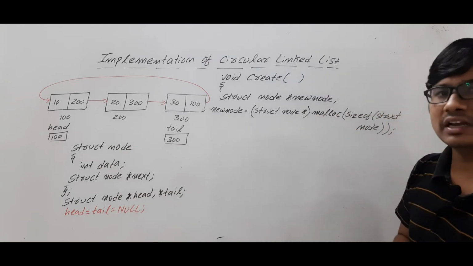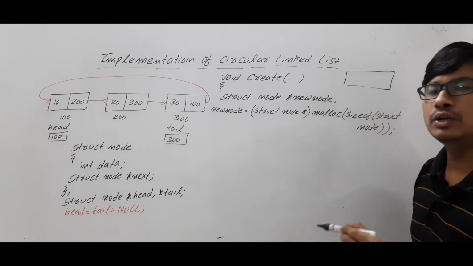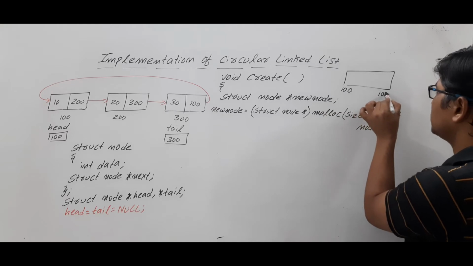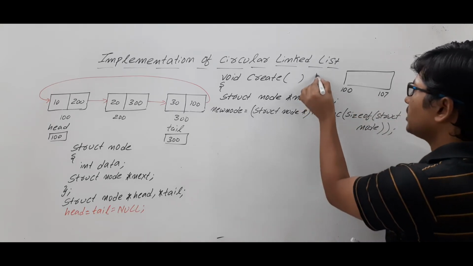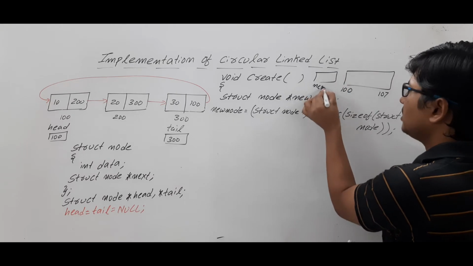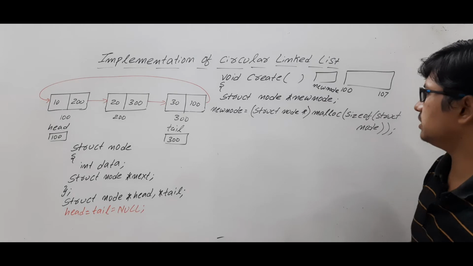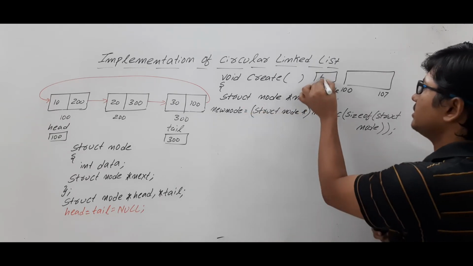Now once you allocate the memory, is it clear? Suppose, just for an example, you have allocated 8 bytes of memory starting from 100 location to 107 byte. Now this new node pointer will get the base address. If the memory has been successfully allocated, this malloc function will return the base address, which is 100.